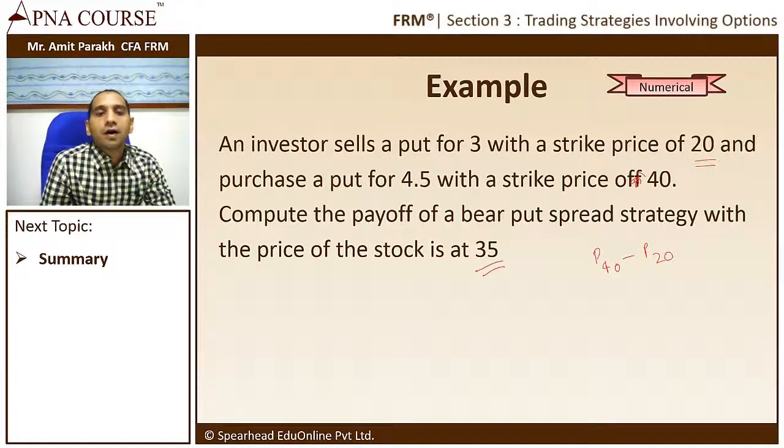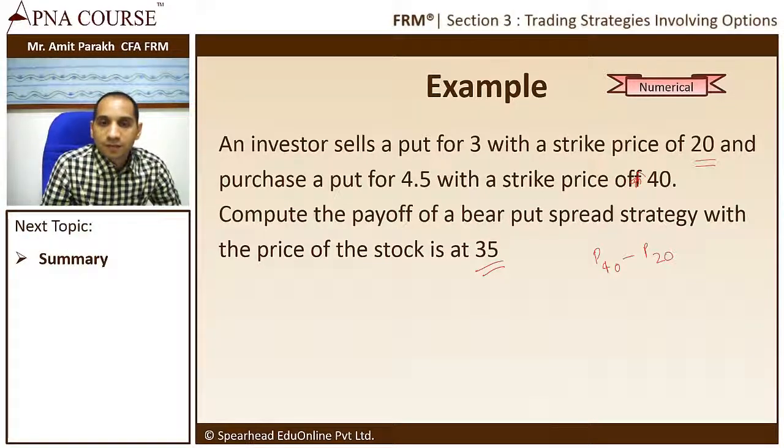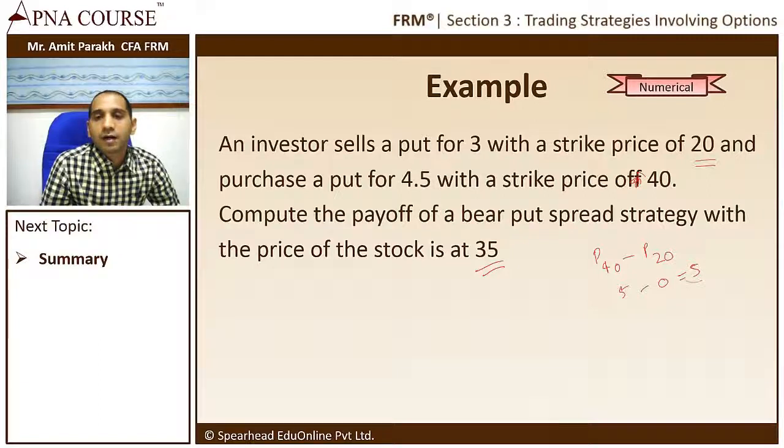Now I need to find out the payoff of this strategy when the price of the stock finally settles at 35. If the stock finally settles at 35, this put would give you 5 and the other put would be worthless, thereby allowing you to make a payoff of 5.